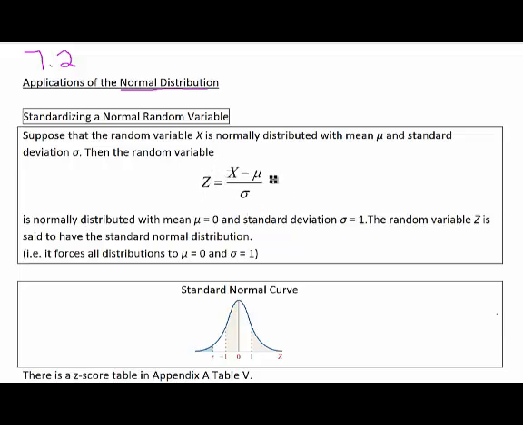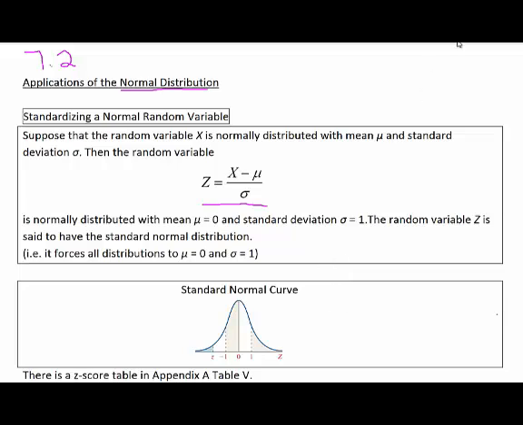We can change all of that data into z-scores. And the good thing about z-scores is you get to use that one common table for all the different distributions. And so that's what this does. Any type of data we get, we can change into z-scores.